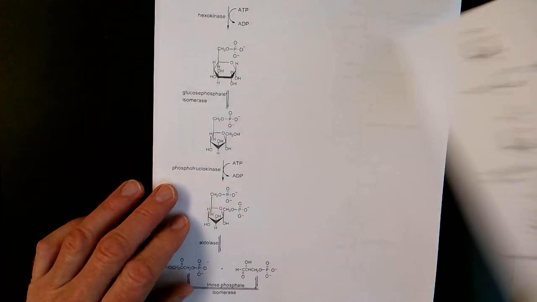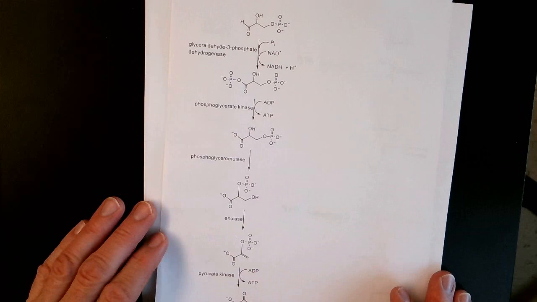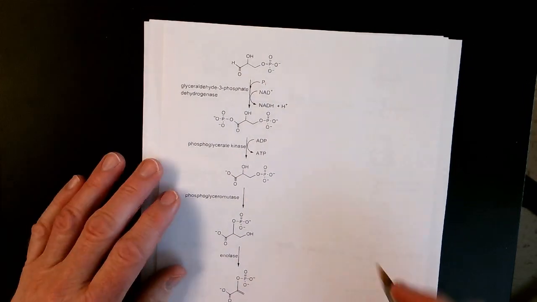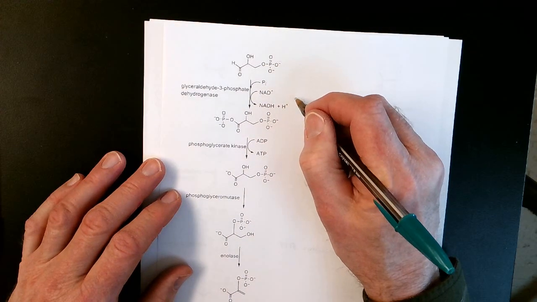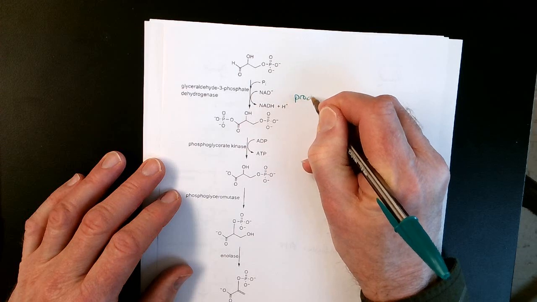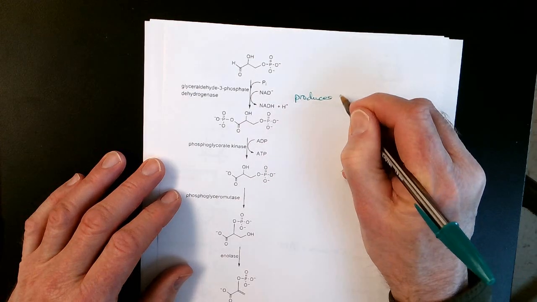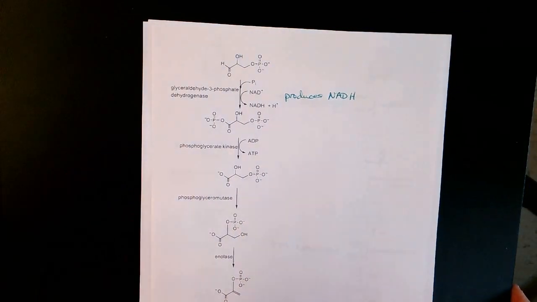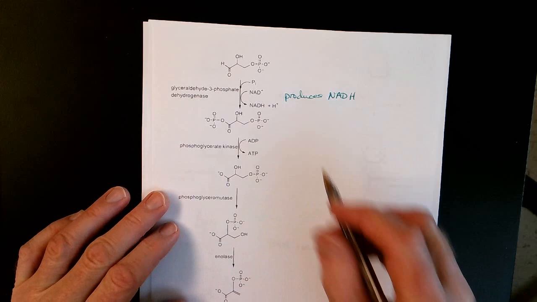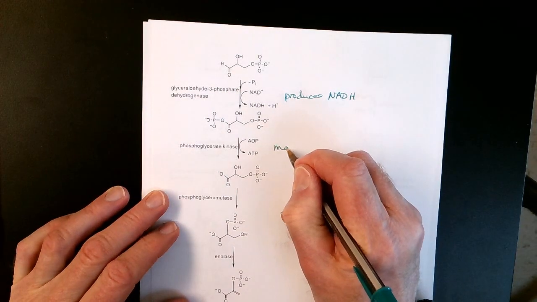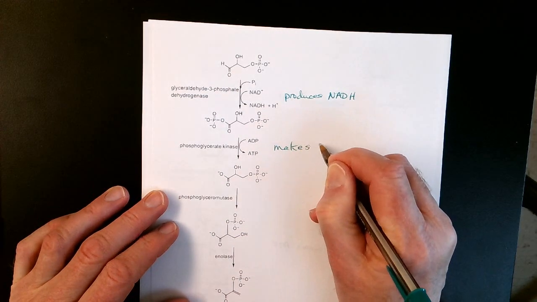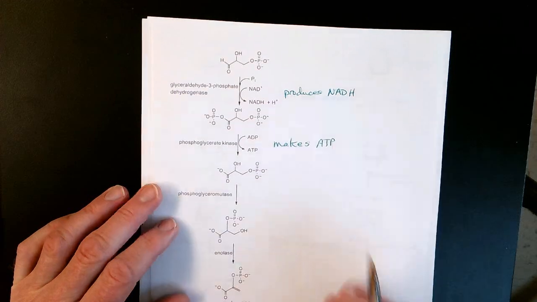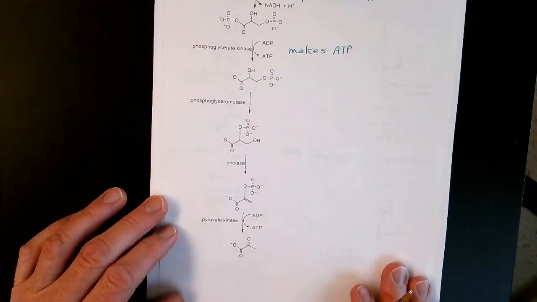If you look though onto the next step of reactions, here is some good news. This produces NADH, and that is going to be a hero later when it comes to making ATP. The next step makes ATP, as does the very last step.